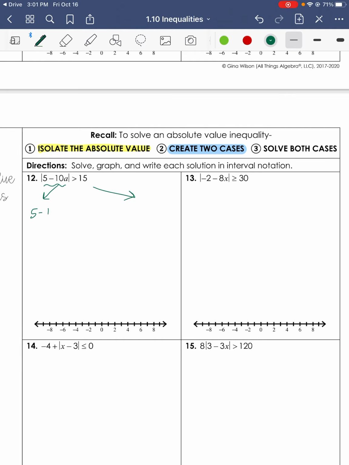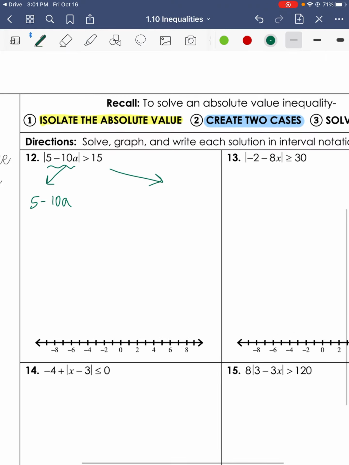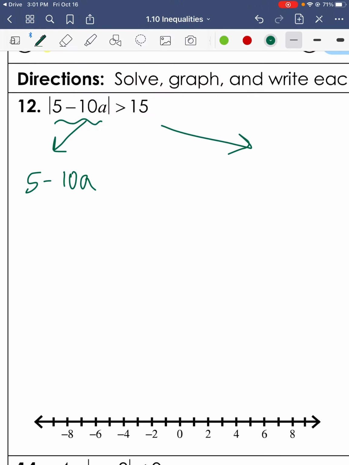We'll write what's inside the absolute value, so 5 minus 10a. Let me zoom back in here. 5 minus 10a is greater than 15. And then our other inequality will be 5 minus 10a is less than, so we're flipping the sign here, and writing negative 15.